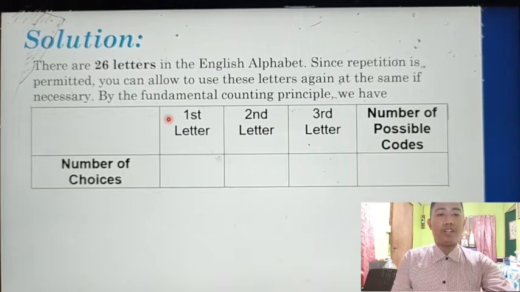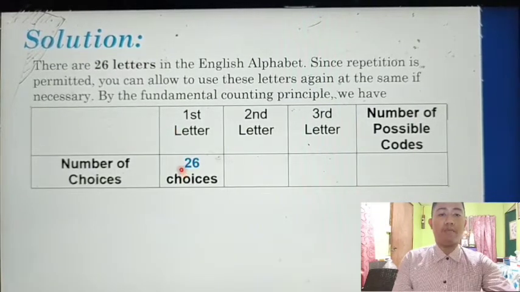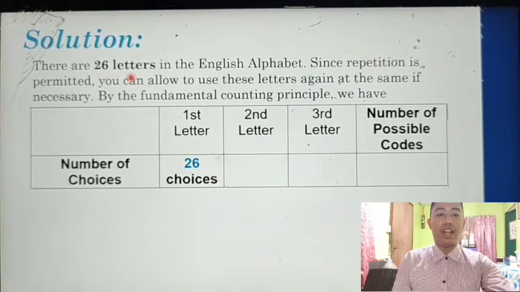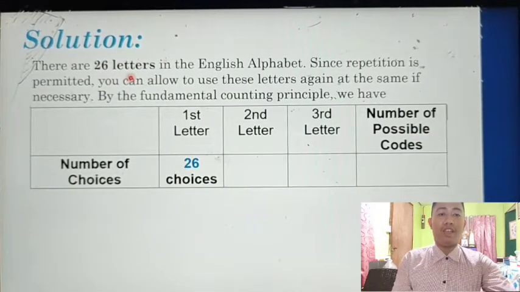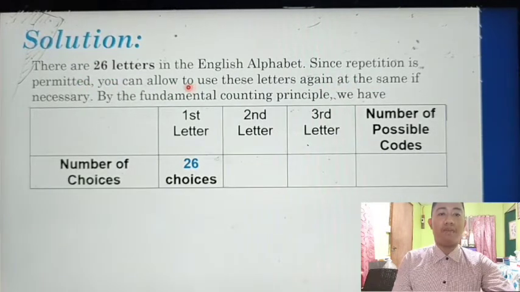For the first letter, we put a single letter. There are 26 choices, because there are only 26 letters; it might be A, B, C, D, E, until you reach Z. Since repetition is permitted, you can use these letters again if needed.